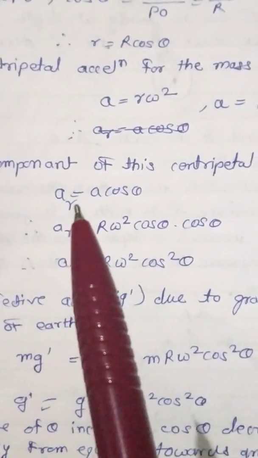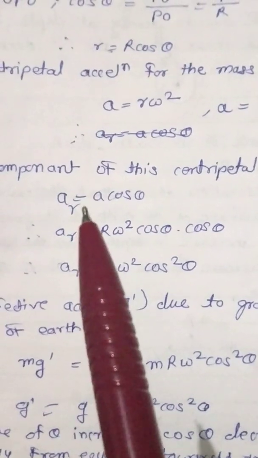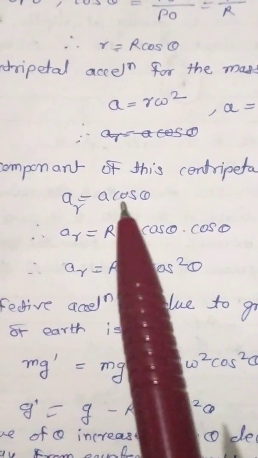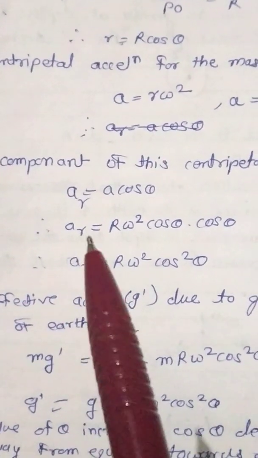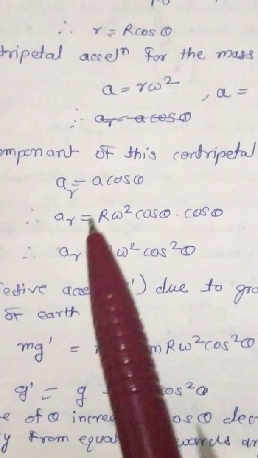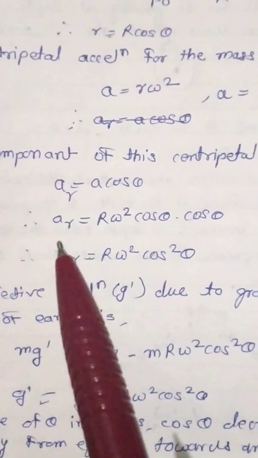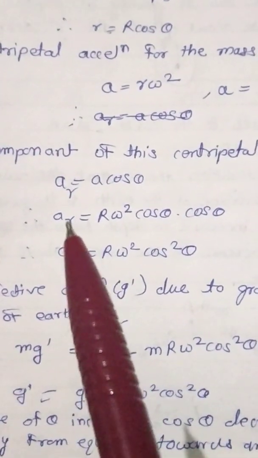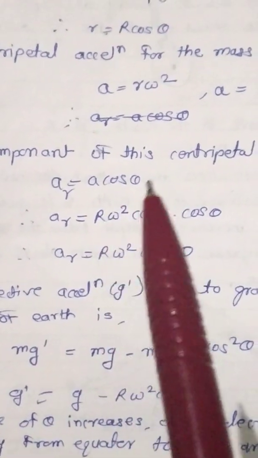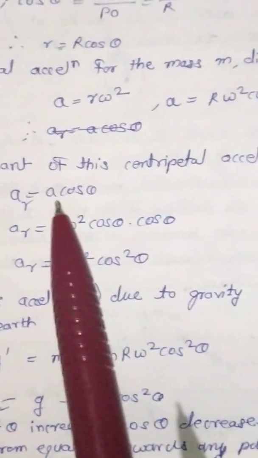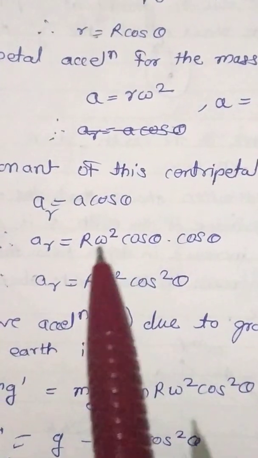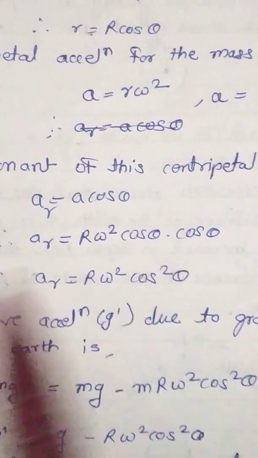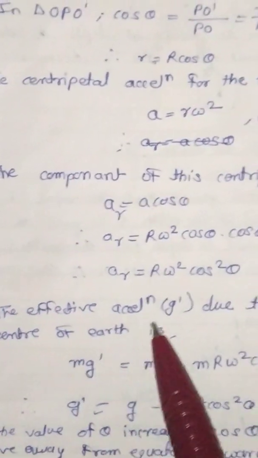It's also called radial acceleration because it is toward the radius. Therefore a_R is equal to R omega square cos theta into cos theta, so a_R is equal to R omega square cos square theta.